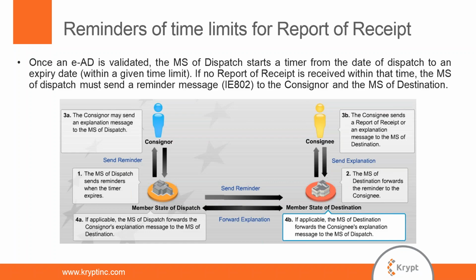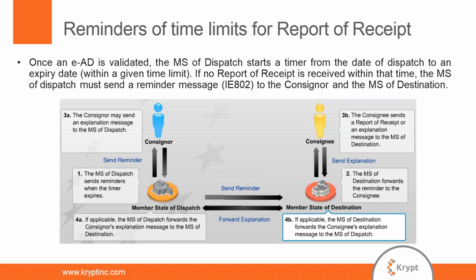So this is the reminder for report of receipt. Once an EAD has been validated, if the consignee has not received the goods, then there could have been certain delays in sending the report of receipt back to the member state and consignor. In that case, the moment the EAD is validated, the member state of dispatch will start a timer, and it will wait for a report of receipt to come from the member state of destination.